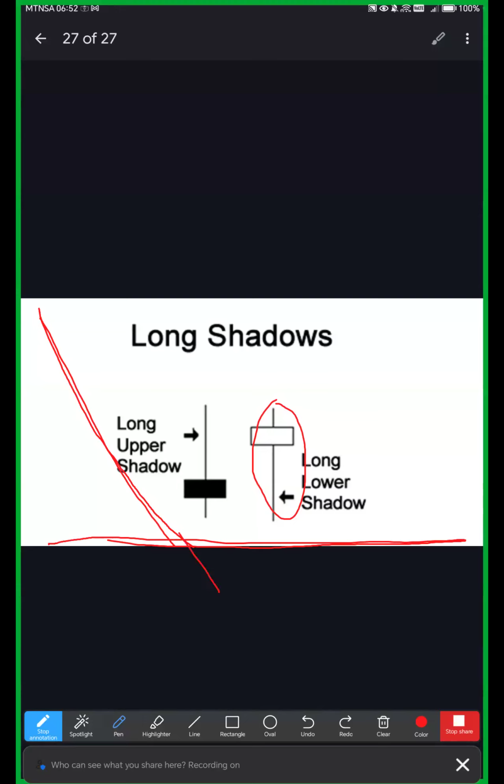So when you find these types of candles right down here, that is a special message to you that price is being supported and buyers are coming in. There is a high possibility that the price may reverse, it may go back up, because this signifies buying pressure. Buyers are coming, they want to buy low.